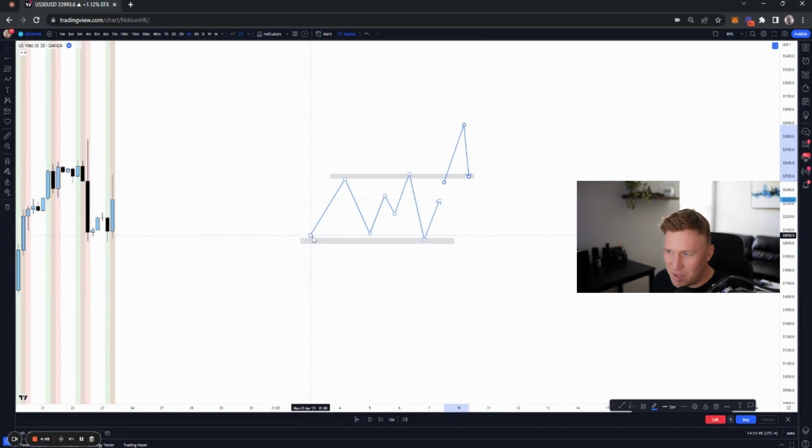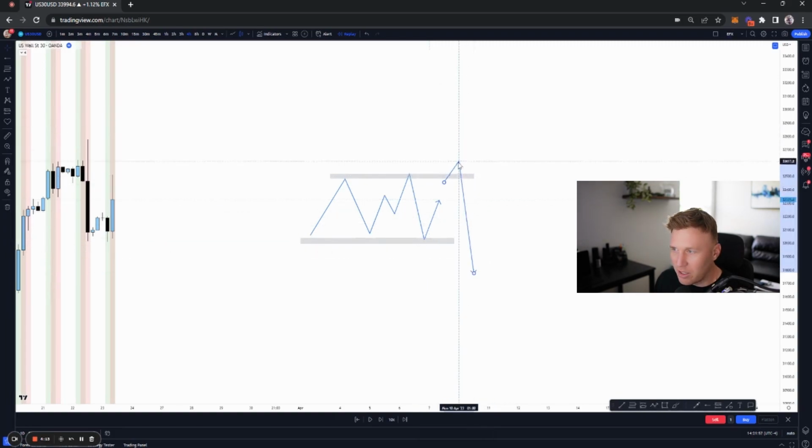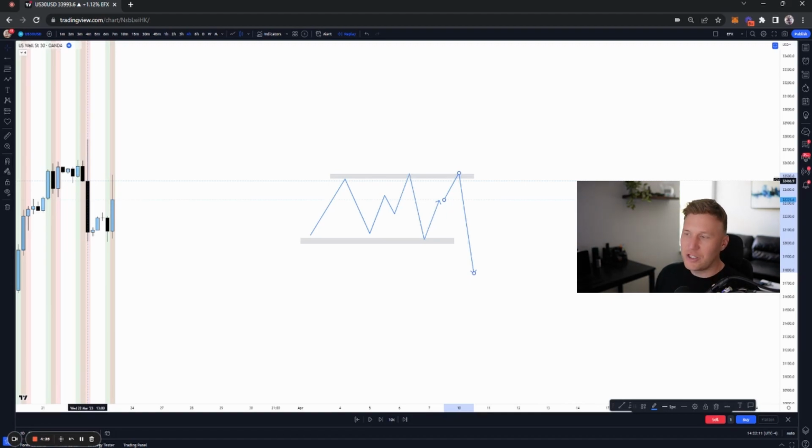You're going to also have people looking for buying opportunities on the support level, and also looking for that breakout, something like this, looking for those sell stops. So there is a lot of liquidity that is accumulating above and below this range, and ideally this footprint, this manipulation is the trap.